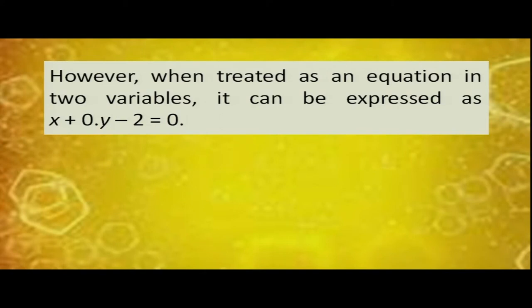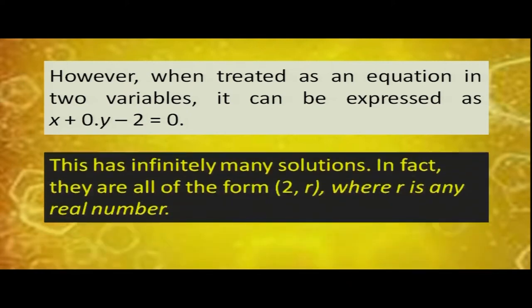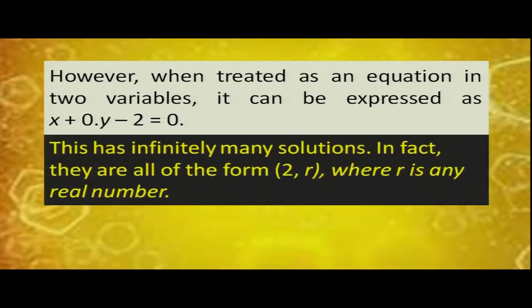As this is an equation in two variables, it must have infinitely many solutions. They are all of the form (2, r), where r is any real number. So r is the coordinate on the y-axis.